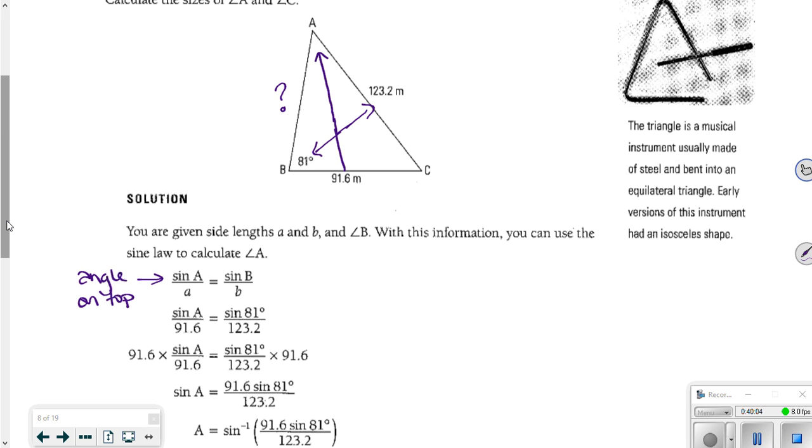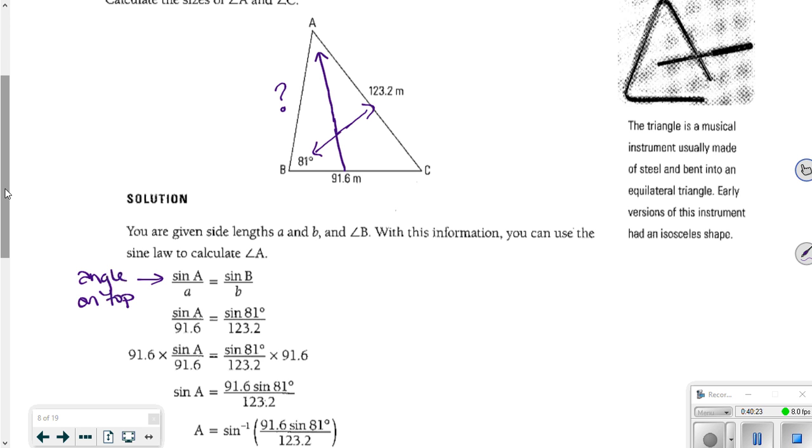And we're going to say sine A divided by the side that's directly across from it, so 91.6, equals sine of angle B, so the other angle we know is the 81 degrees, divided by the side that we also know, that's paired up with that 81 degrees, which is the 123.2.